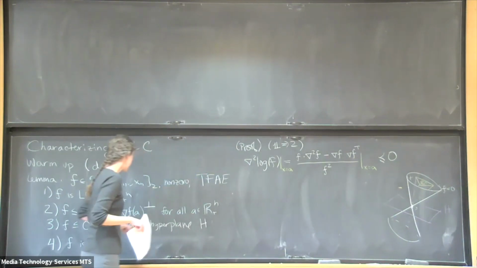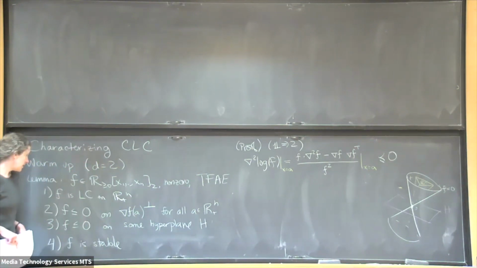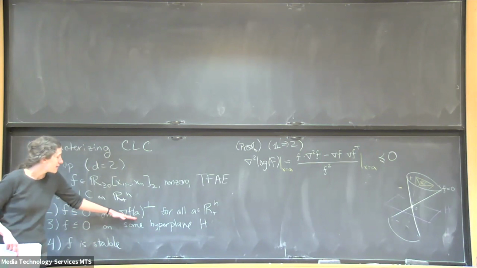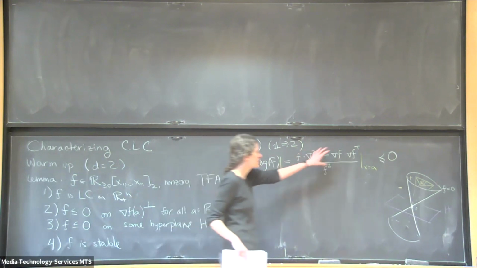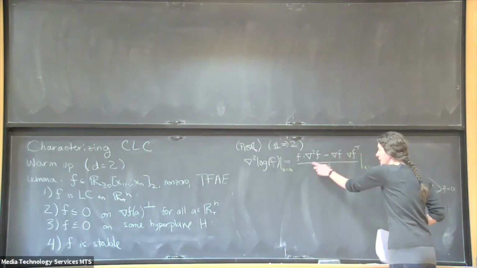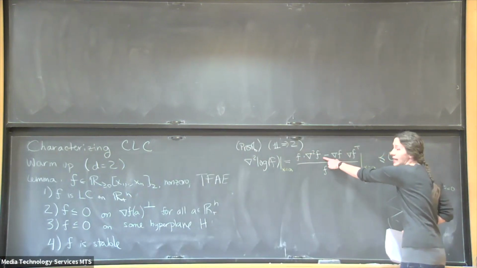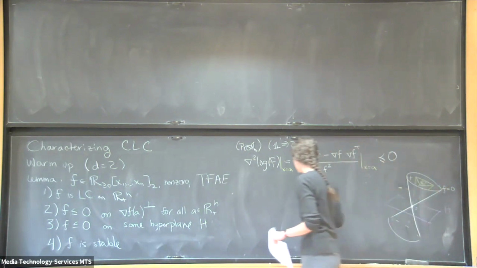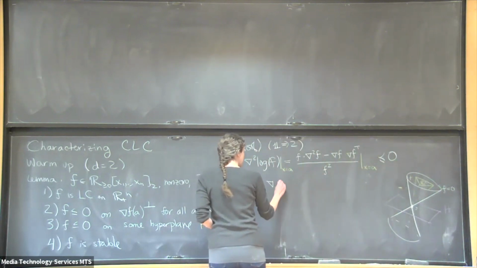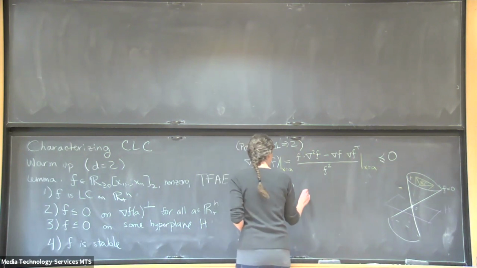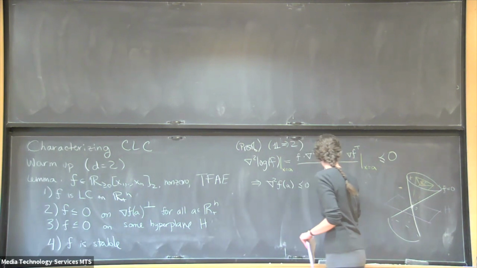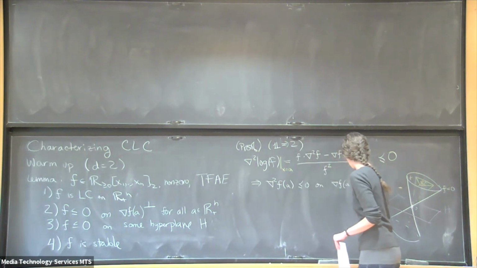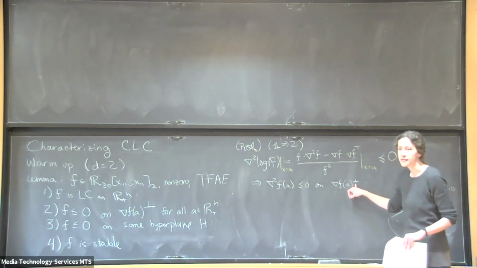In particular, if I evaluate this on a vector orthogonal to the gradient, then this term will just be 0, and up to some positive scalars, I have that the Hessian of F evaluated at a is negative semi-definite on every vector that dots to 0 with the gradient.